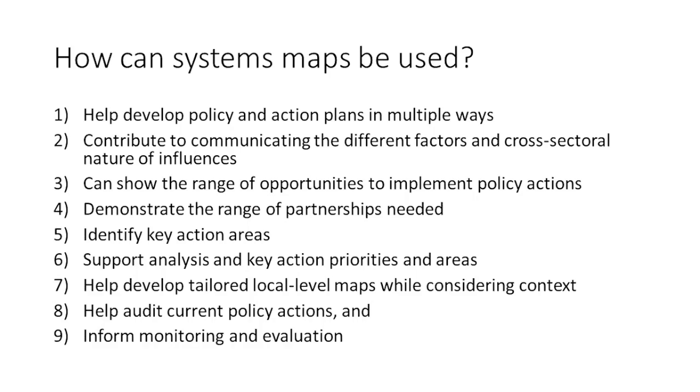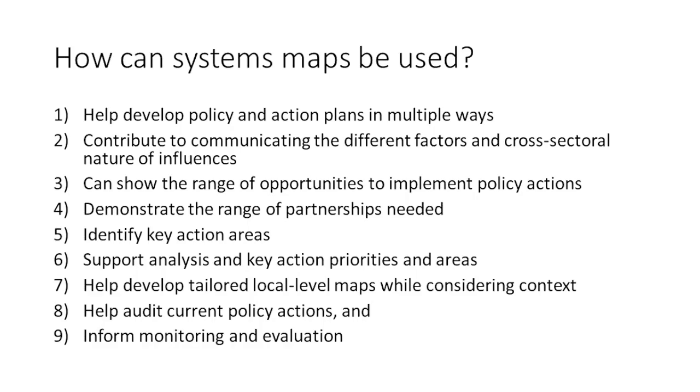Such maps can contribute to communicating the multiple factors and cross-sectoral nature of the influences on, say, physical activity, in the example of obesity, for policymakers. Systems maps can also support the development of policy and action plans to increase physical activity in multiple ways.